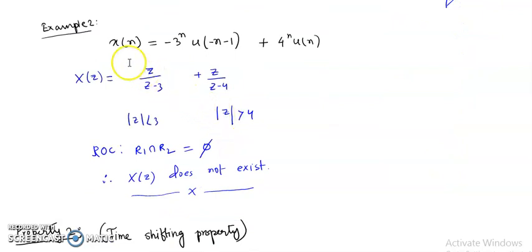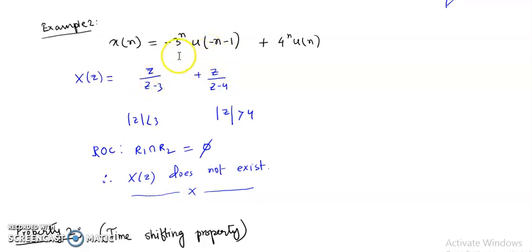Next, if we take this example, here the value of this constant minus a is minus 3, and this n index is for the negative values of n, so it is represented on the left hand side from 0. The transform of this is similar to a to the power n u[n].